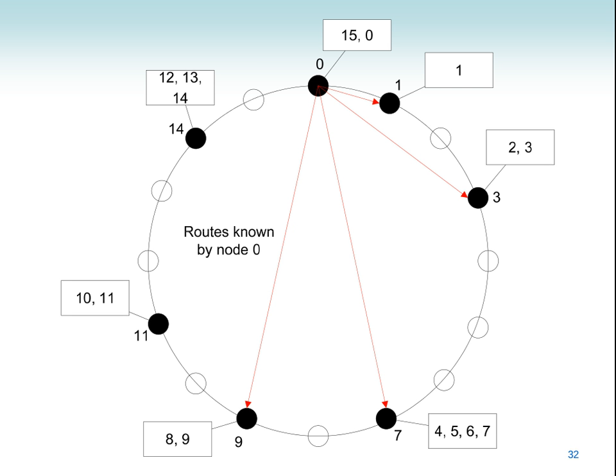And you see the pattern. If you look at this column, it's the key space is from that node up until but not including the next node. 2, okay, that's it. 3, 4, 5, 6, 7, 8, 9, 10, 11, 12, 13, 14, 15, 0.